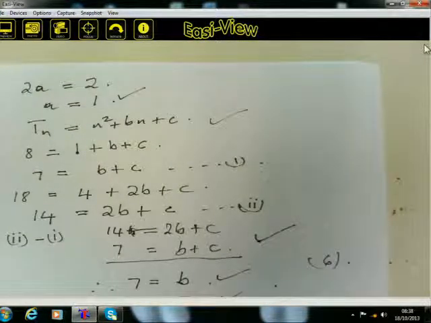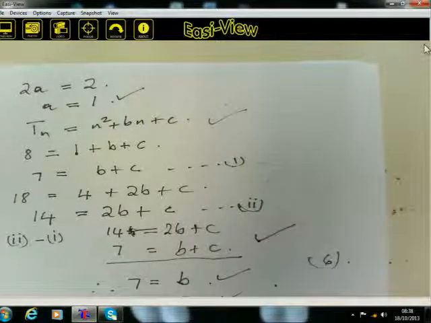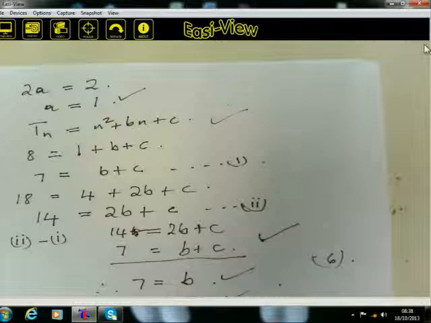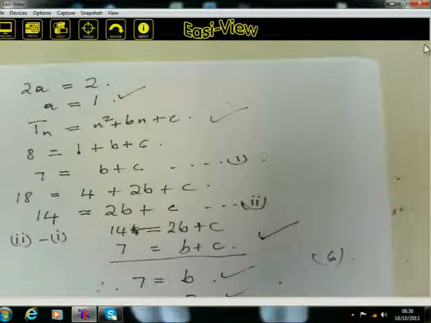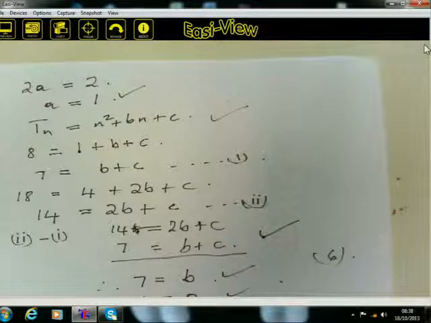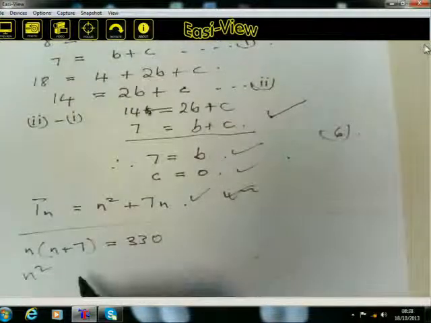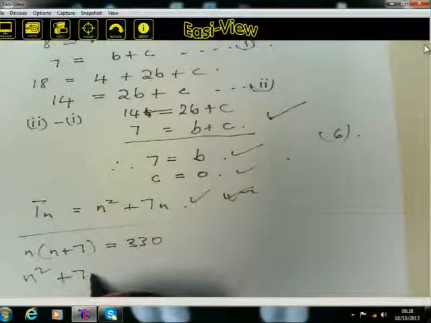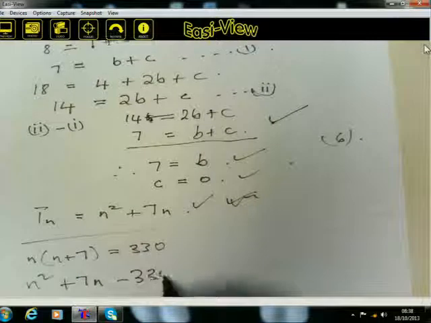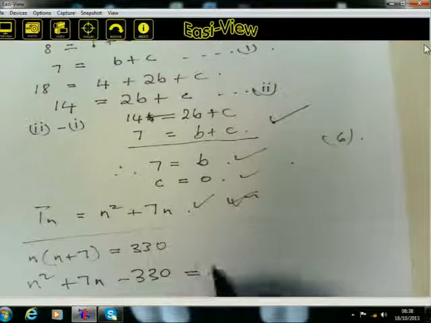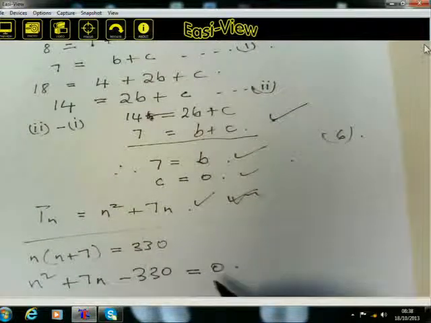The third one is this one. n into n plus 7 is equal to 330. Right? Therefore, n squared plus 7n minus 330 is equal to 0.